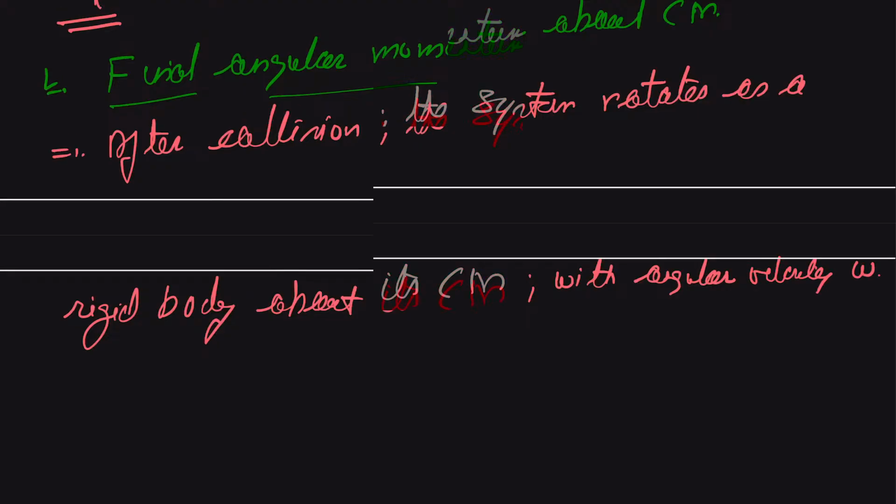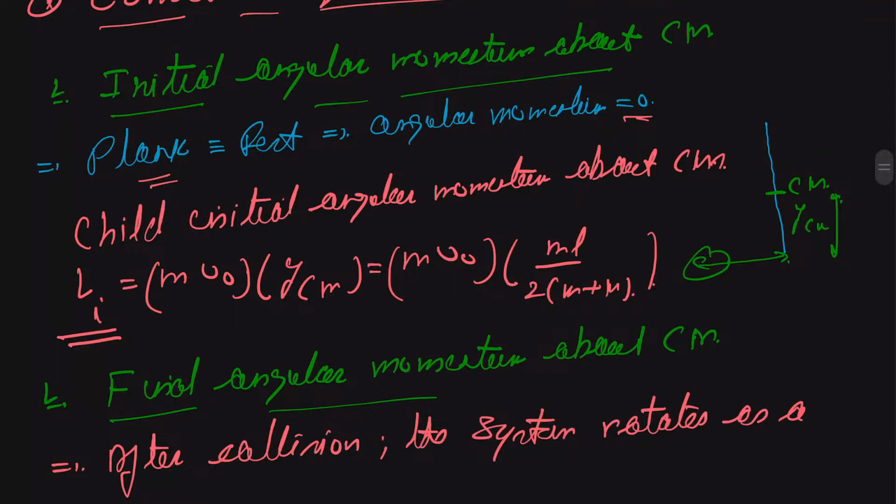That is our omega, and it is going in this direction. We have to remember that we are talking about the center of mass of the entire system, not of the Planck. If the child was not on the Planck, we would discuss everything with respect to the center of mass of the Planck. Now we are discussing the center of mass of the system. That's why we have taken YCM here also.